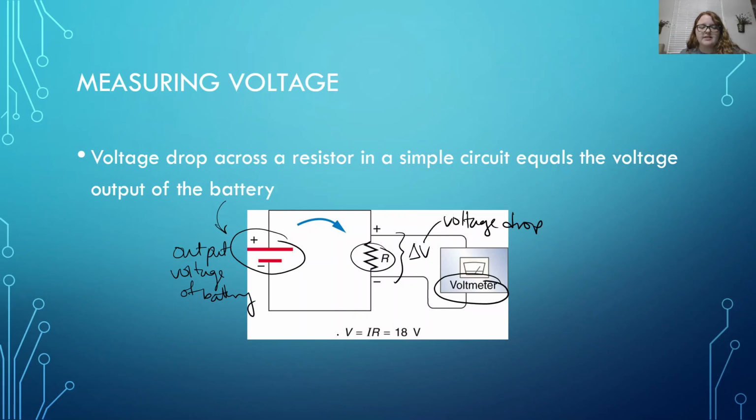Okay, and this down here is just an example when measuring that. So if we get some voltmeter voltage drop of 18 volts, that will be our voltage that's supplied to this simple circuit.